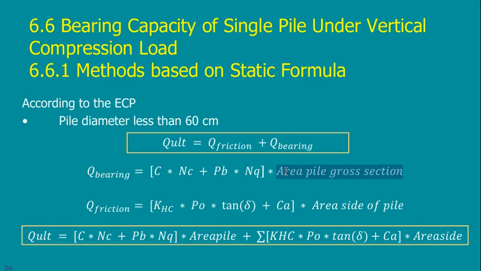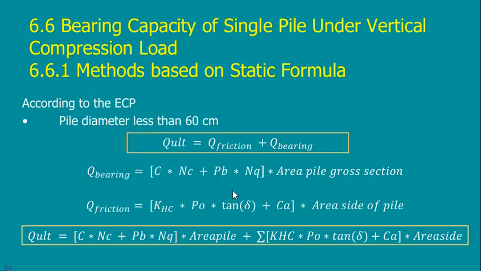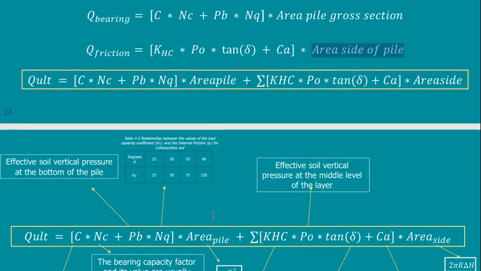If I'm multiplying by the area of the cross section of the pile, then I'm dealing with the bearing capacity. If I'm multiplying by the area of the sides of the pile, then this is the frictional capacity of the soil, because the area of the side is the interface between the pile and the soil.